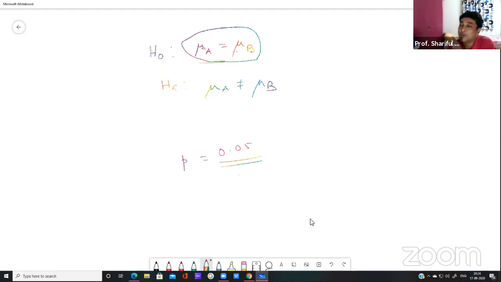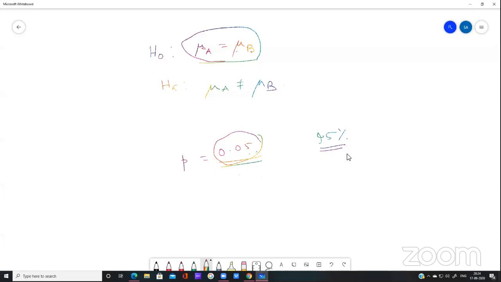Generally, if the p-value is small, we reject the null hypothesis. Now, if your level of test is fixed, suppose we are performing at the 95% level, then with respect to 95%, this is significant. That means this indicates only 5% evidence in favor of the alternative, and 95% evidence against this.